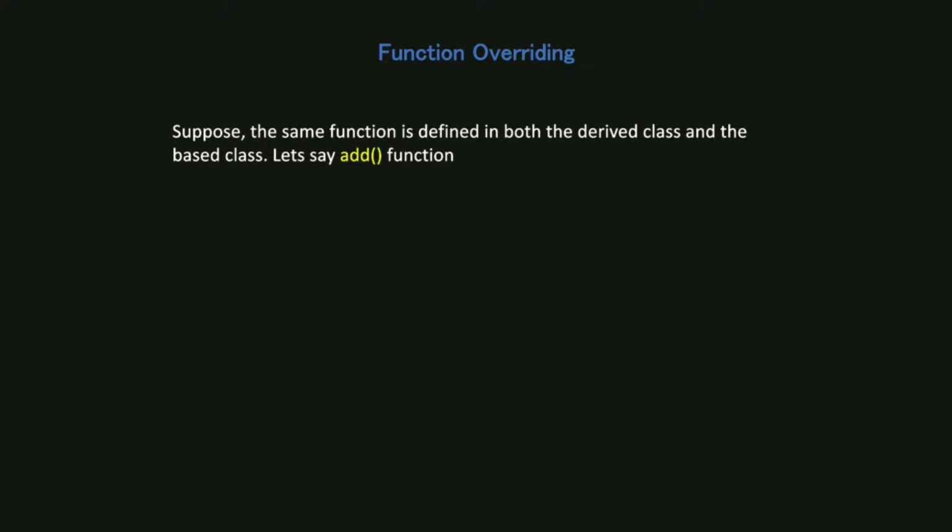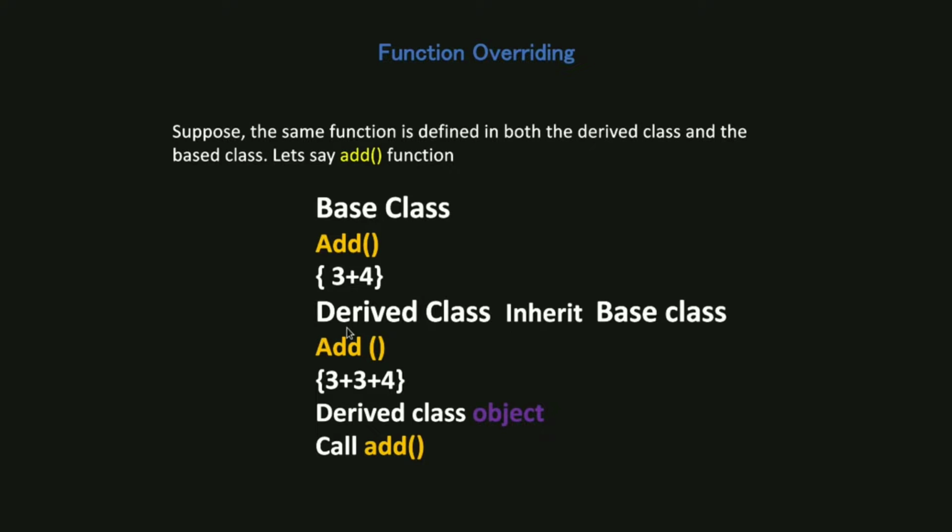So here, function overriding. Suppose the same function is defined in both the derived class and the base class. Let's say the add function. Here we can see this is the base class, and we have defined a function named add, which will add 3 plus 4 or any arguments that we pass from the object.